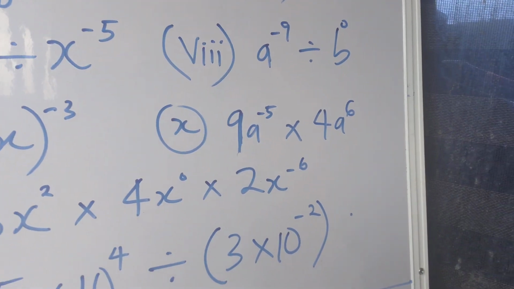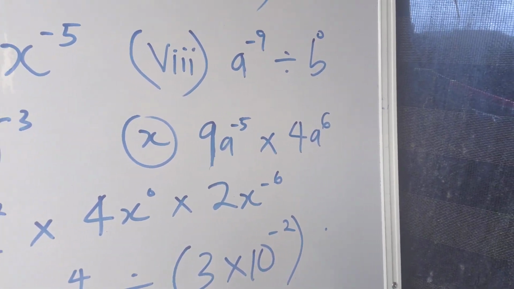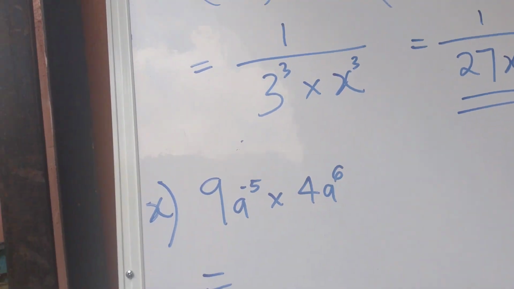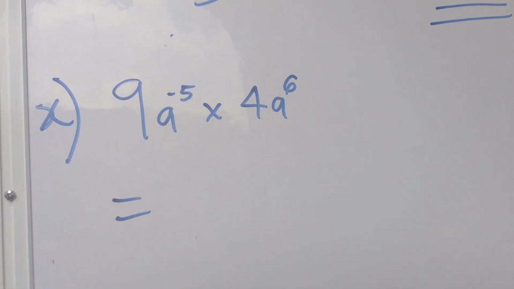Alright, the next question is 9 e raised to power minus 5 times 4 e raised to power 6. Okay? We have 9 e raised to power minus 5 times 4 e raised to power of 6.